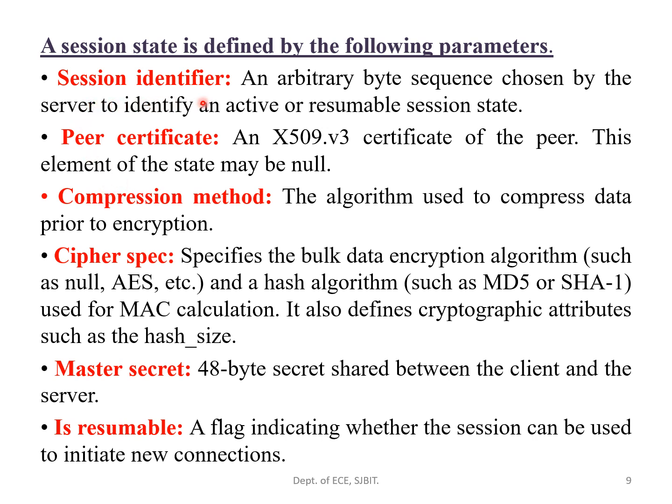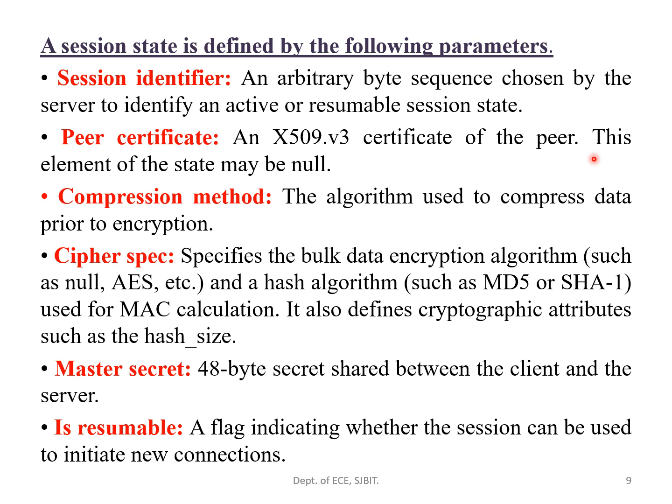The session identifier is an arbitrary byte sequence chosen by the server to identify an active or resumable session state. The peer certificate is an X509 version 3 certificate of the peer. This element of the state may be null.